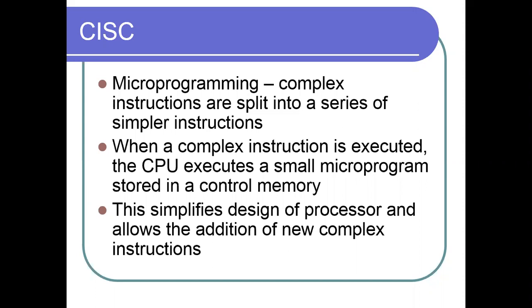If I'm writing a particular program, then to execute that program, the CPU needs to run a microprogram first, then our program will be executed. So automatically the complexity is increasing. But if we are doing this microprogramming, then the design of a processor is simplified, and we are able to add new complex instructions.